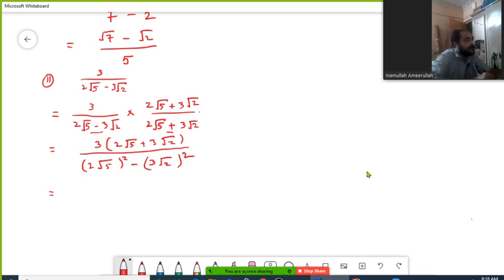Then this 3 will multiply in the numerator. You will multiply 3 with this term, as well as this term. When you multiply this 3 with this 2, it will become 6 root 5, plus again 3 with this 3, 3 3s are 9 root 2.